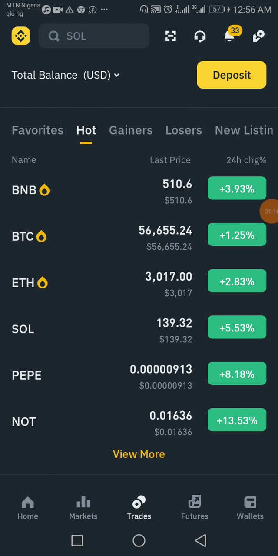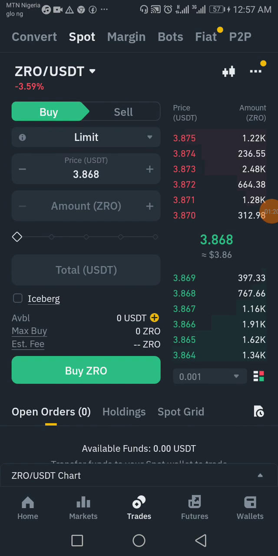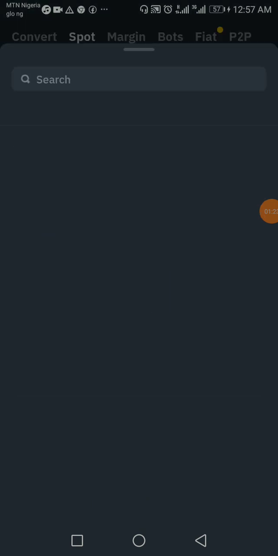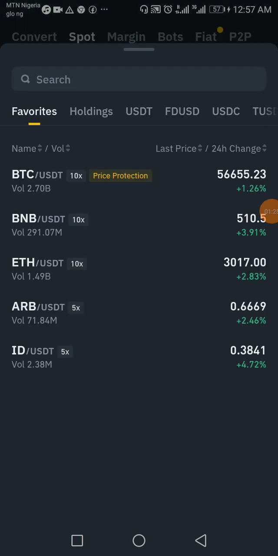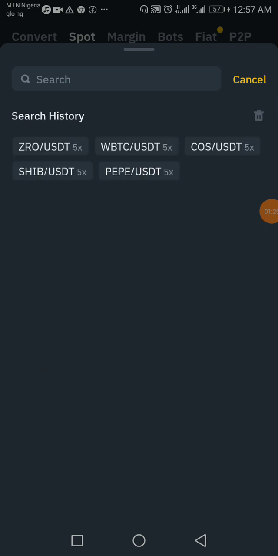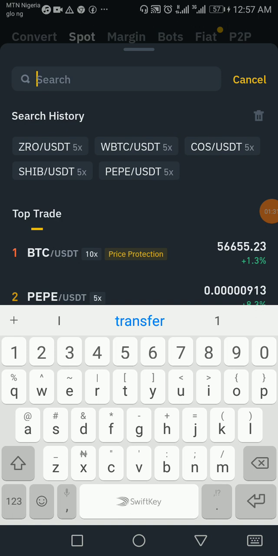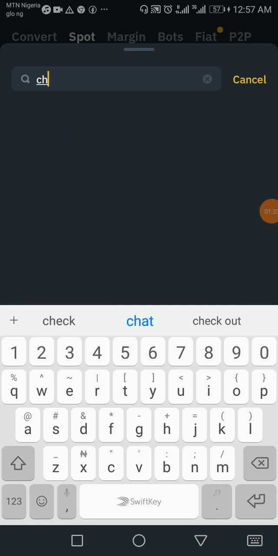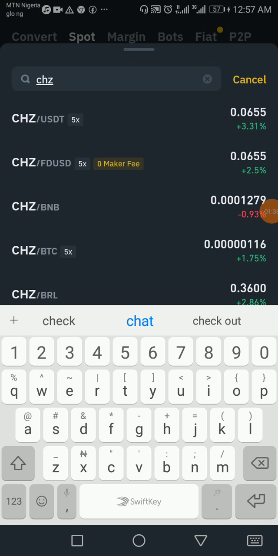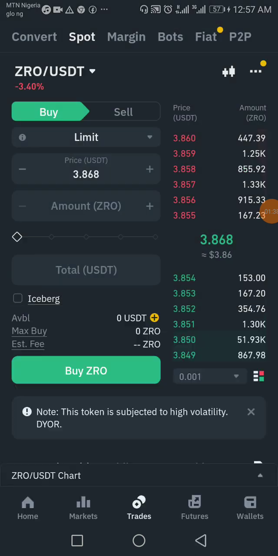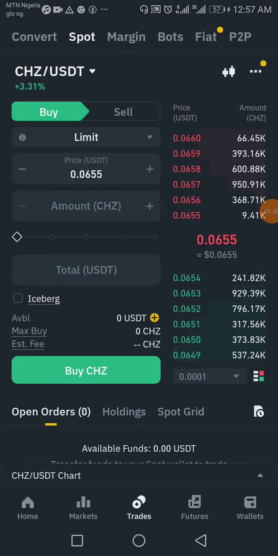If we head over to the trade section, you will be able to see that Chiliz is also on Binance, and it goes with the initial CHZ. So we can buy it from their website and then sell it here, or we can buy it here and sell it over there.